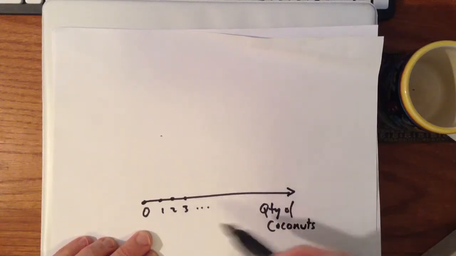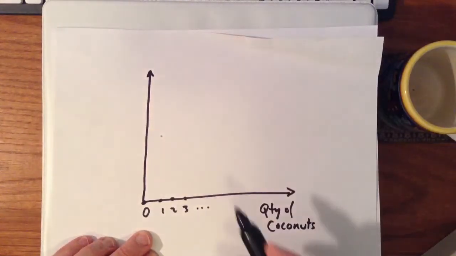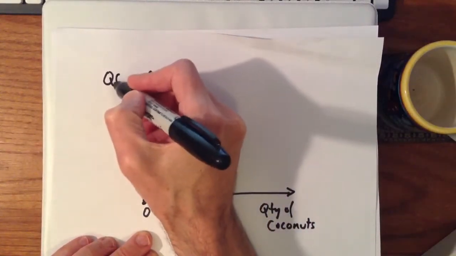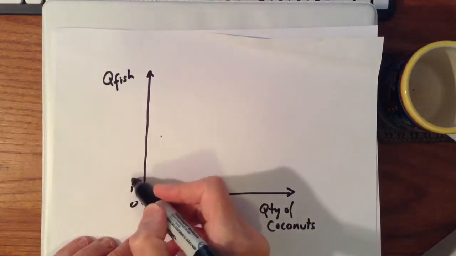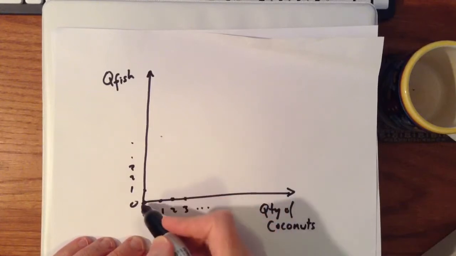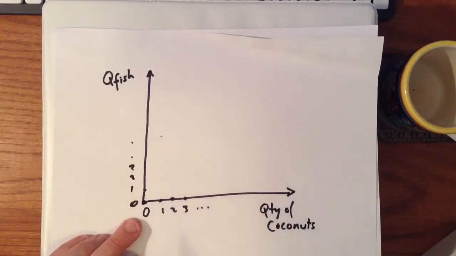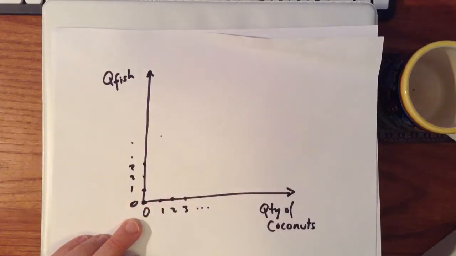But because we're privileged to work in 2 dimensions, we can add just 1 more dimension. And so, for the example of Robinson Crusoe, of course, we have fish. For your homework exercise, instead of fish, these are going to be bucks. And again, it might be 0, 1, 2, 3, and so on, more. And if they had just no fish at all, it would be 0. If they had 1 fish, 2, and 3, and so forth.